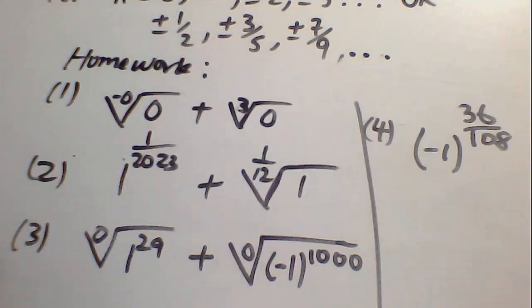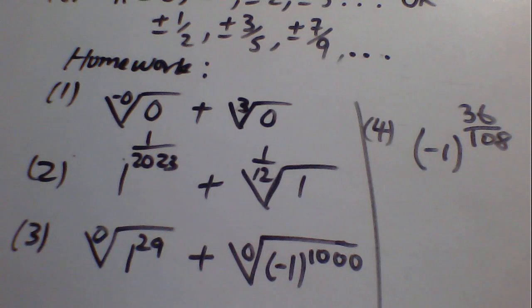This is the power. So please do this homework, just 4 questions. Once you do this, it becomes very clear that you already understand the concept of nth root of 0, 1 and then minus 1. Do them.